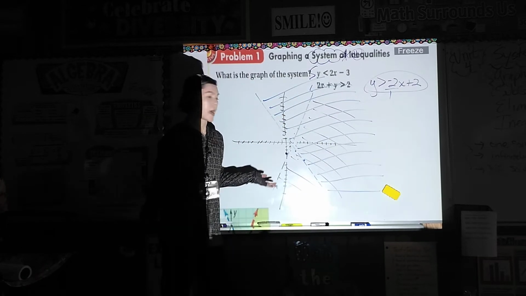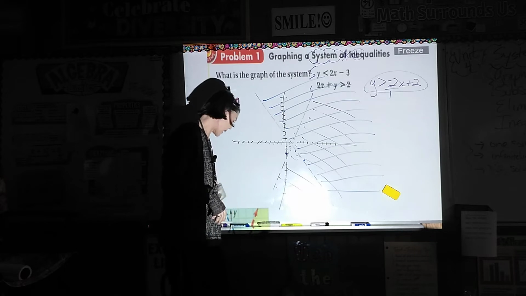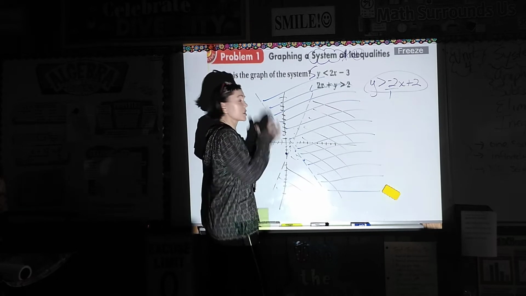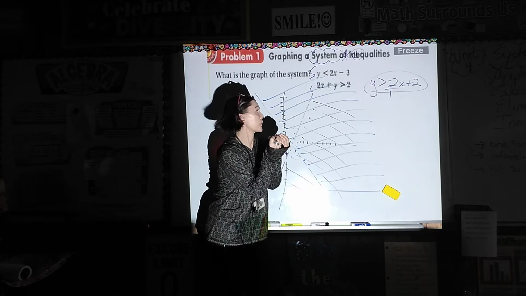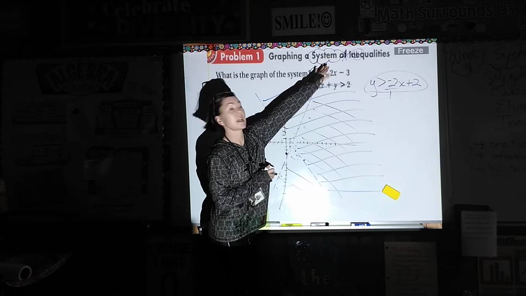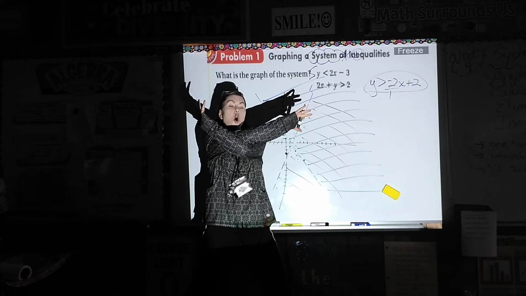Okay, and you're done. What I want you to see, and I'm going to use black, is that the solution to the system of inequalities is where the shading overlaps.